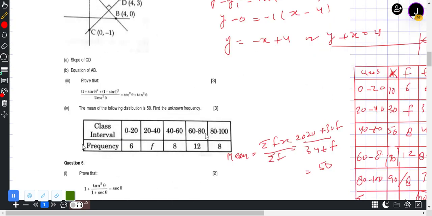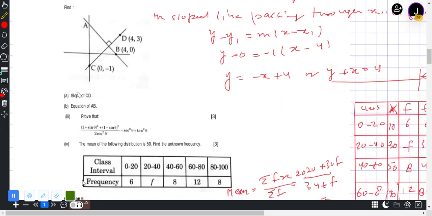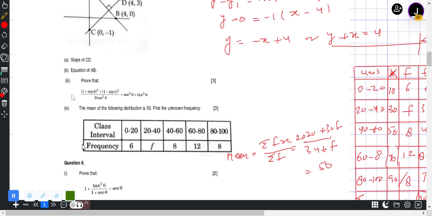Okay, so where we were at question number 2, that part 2 is over. Now we'll do the third one, which says prove that (1 plus sine theta) whole square plus (1 minus sine theta) whole square divided by 2 cos square theta is equal to this. Now we will use one algebraic identity. We know that (a plus b) whole square plus (a minus b) whole square is equal to 2(a square plus b square).